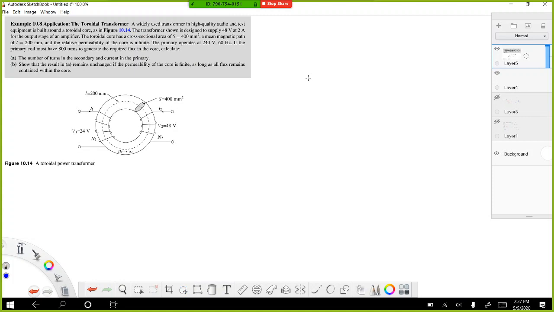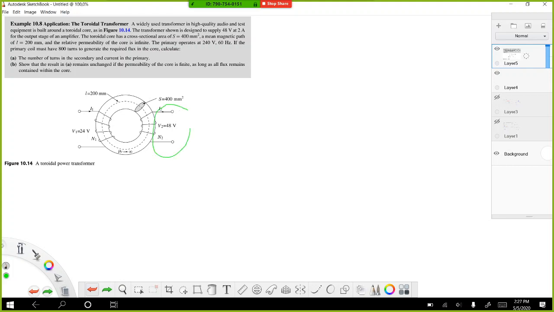Let's read. The toroidal transformer, a widely used transformer in high quality audio and test equipment, is built around a toroid core. You can see the toroidal core. The transformer shown is designed to supply 48 volt at 2 ampere for the output stage of an amplifier.